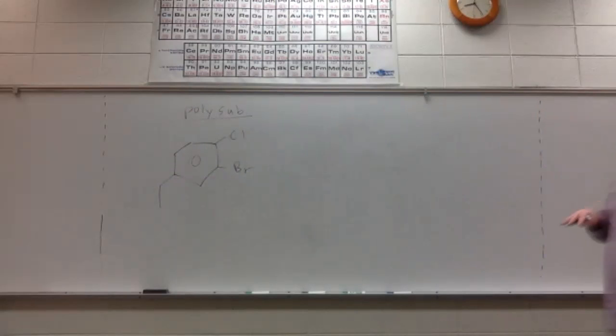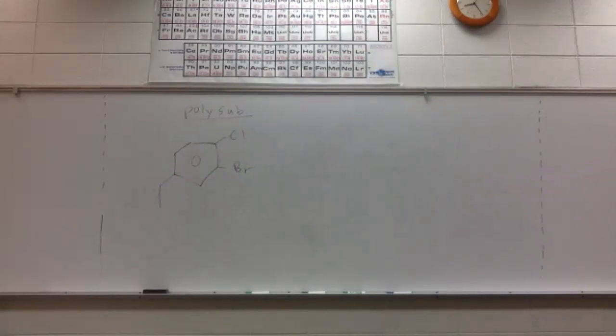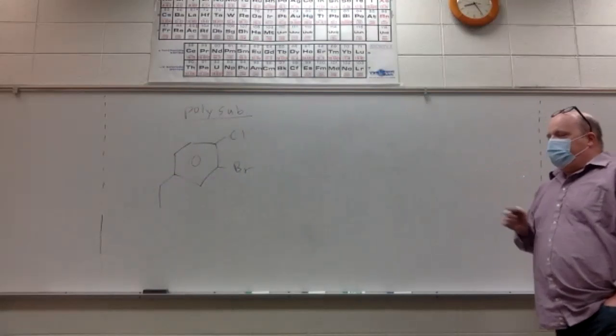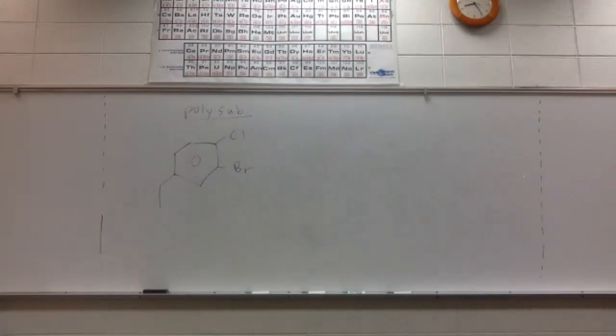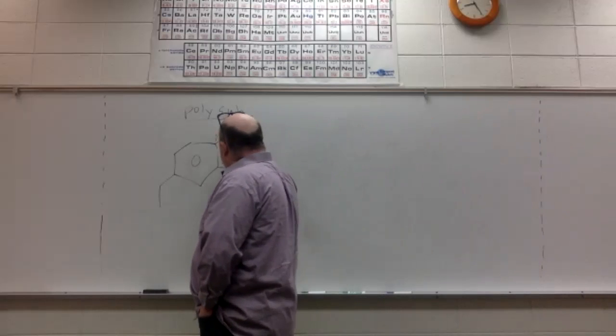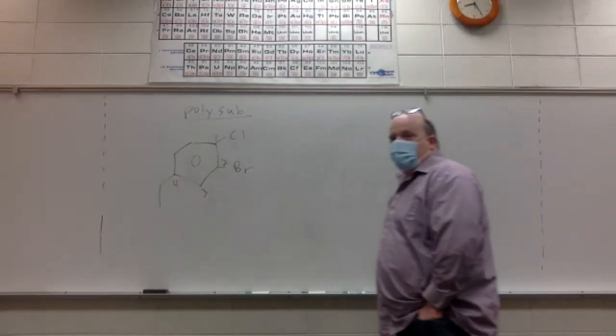We're going to number to give substituents the lowest possible numbers that they can have, assuming nothing takes priority. Nothing's going to take priority here. So where do you think we're going to start numbering? With the chloro, the bromo, or the ethyl? Yeah, I would agree. Chloro. If we do chloro and go clockwise, we can have 1, 2, and 4 substituents.